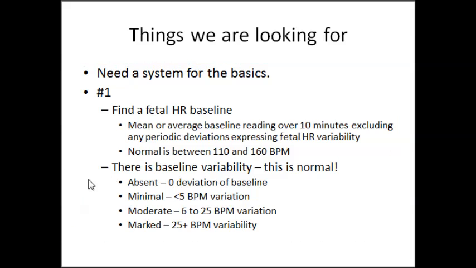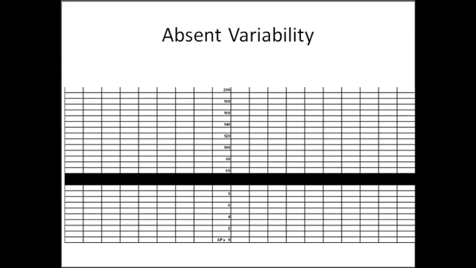So there's 4 different measurements of baseline variability. So to demonstrate these, I want to draw here. Now, I'm not an artist. I'm in medicine for a reason, but absent variability, there will be 0 baseline variability. Now, this line right here is going to be a 140 heart rate. So if a fetal heart rate, just imagine a straight line. My pen's not going to allow me to draw a completely straight line.